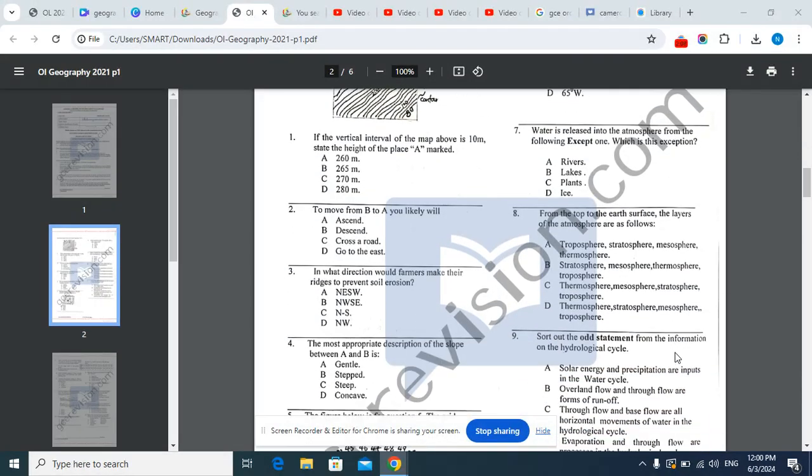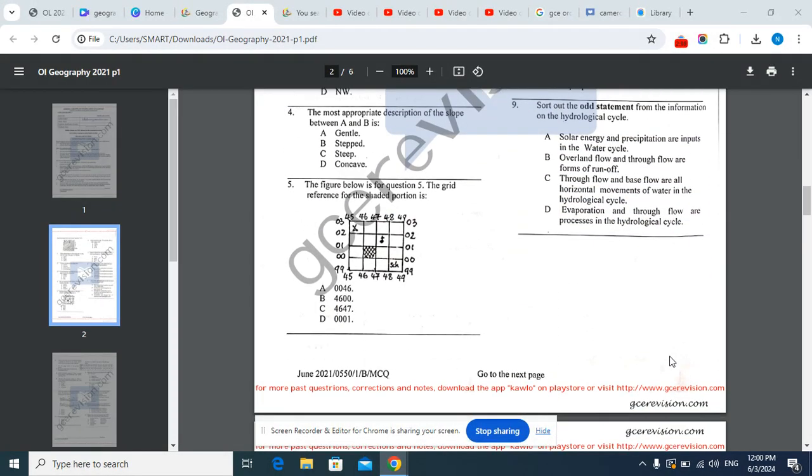Question 4. The most appropriate description of the slope between A and B is. The answer is A. Question 5.